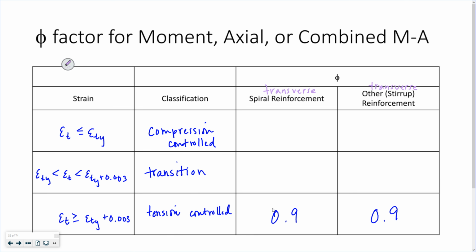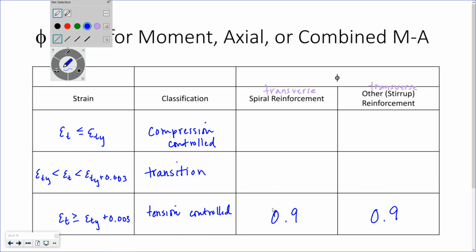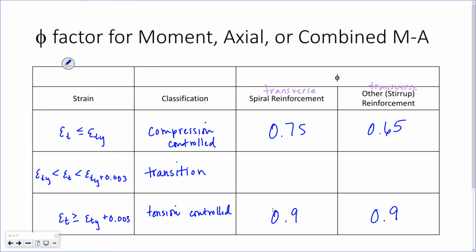Why, and then on the opposite end, compression controlled, spiral is 0.75 and other is 0.65. The reason for the difference in tension versus compression is compression is going to be a more brittle failure, might have a lot more unknowns with it, so you want to have a higher reduction factor.